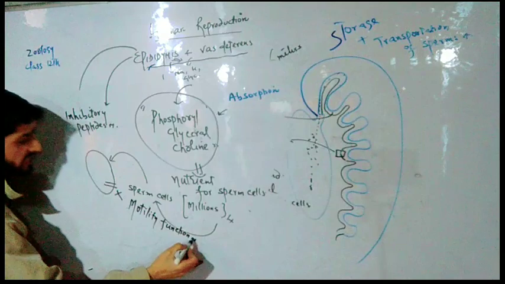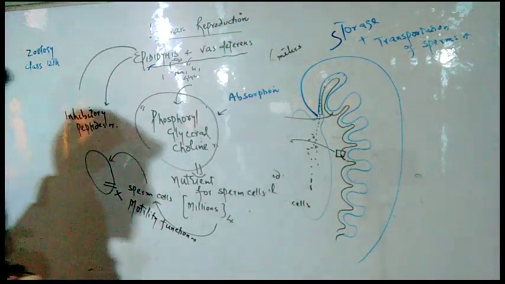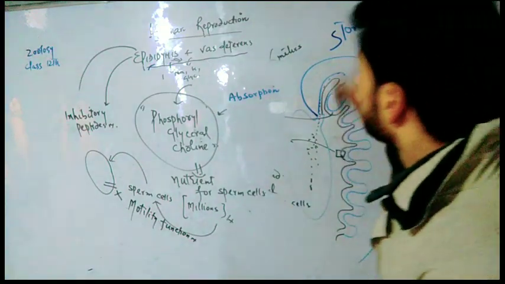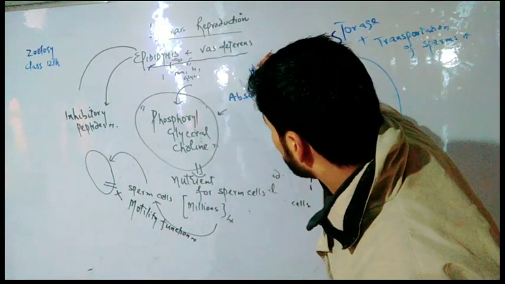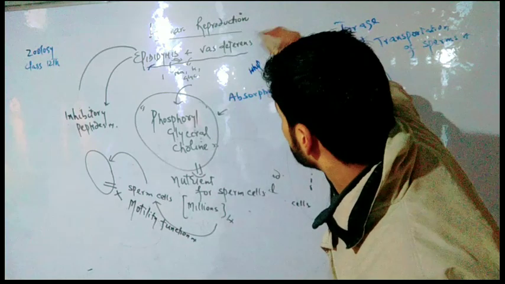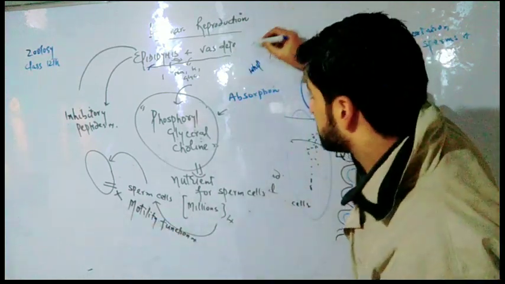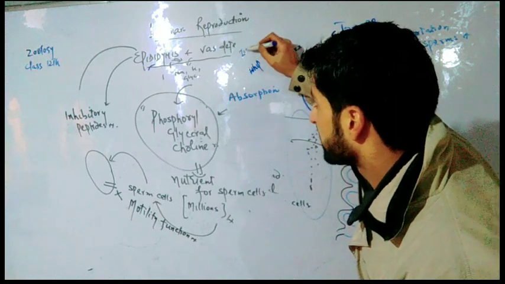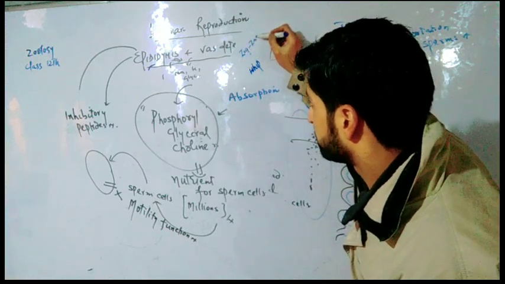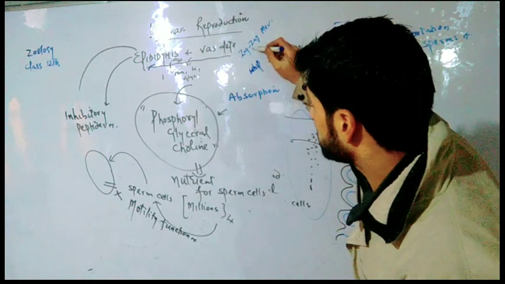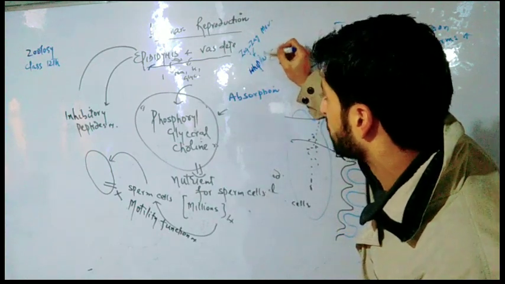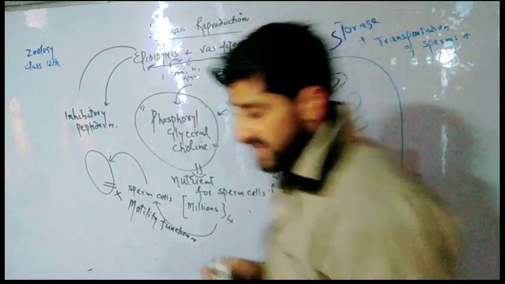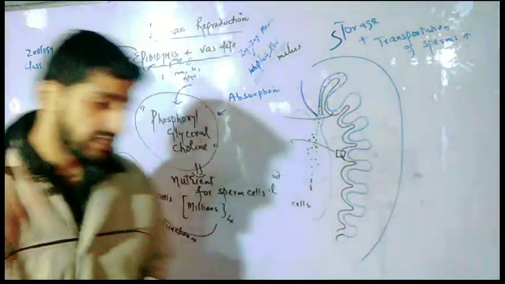What I mean to say is that sperm cells move by whiplash movements. In our further lectures we will tell you that initially sperm cells move by zigzag movements. Then sperm cells show whiplash movements. When I say whiplash movements, I mean sperm cells have a special tail structure.